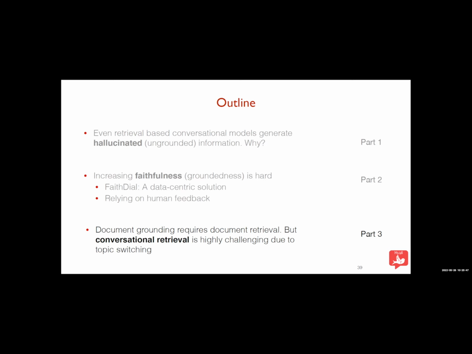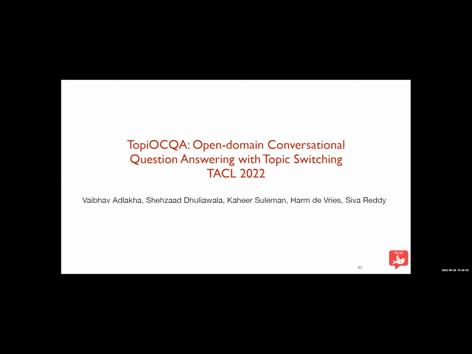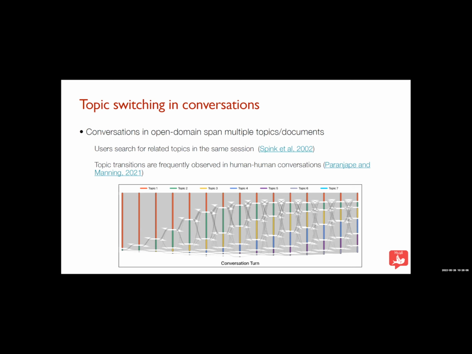And in order to solve this problem, we have this much more constrained challenge where we can focus on the conversational retrieval. This is also presented in this conference, paper accepted at TACL 2022. The main thing is that in conversations, people switch between topics, and that makes retrieval very hard.